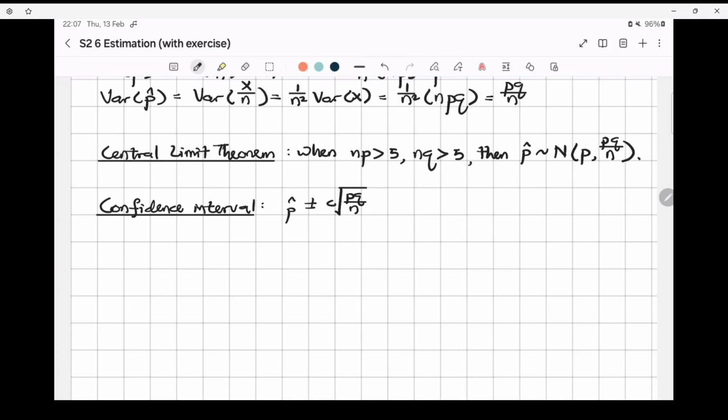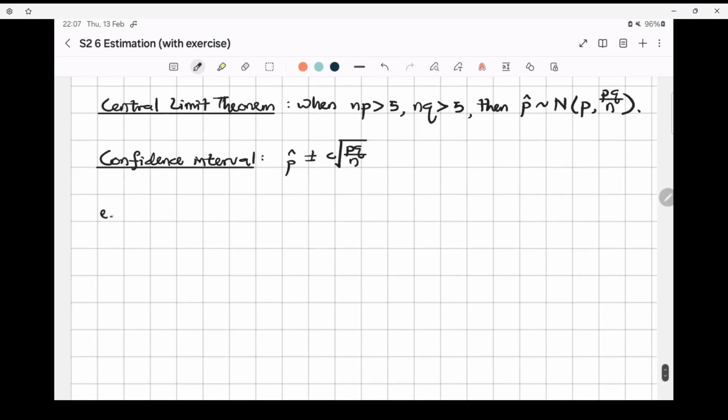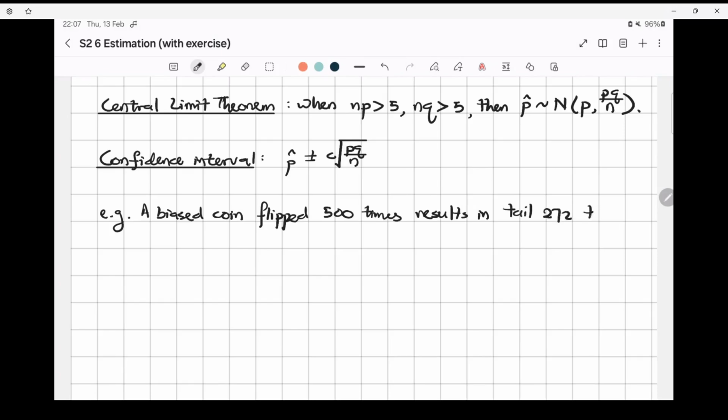So let's look at two examples. Let's say you have a biased coin. You flip it 500 times, and the result is the tail appearing 272 times.